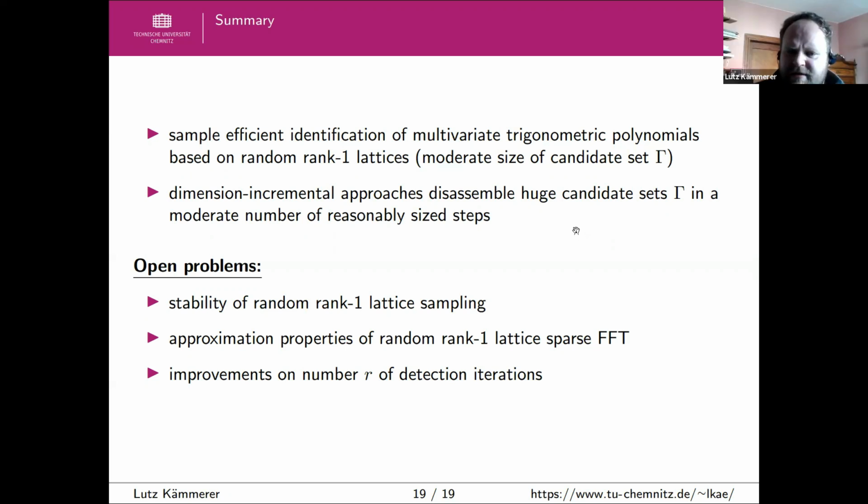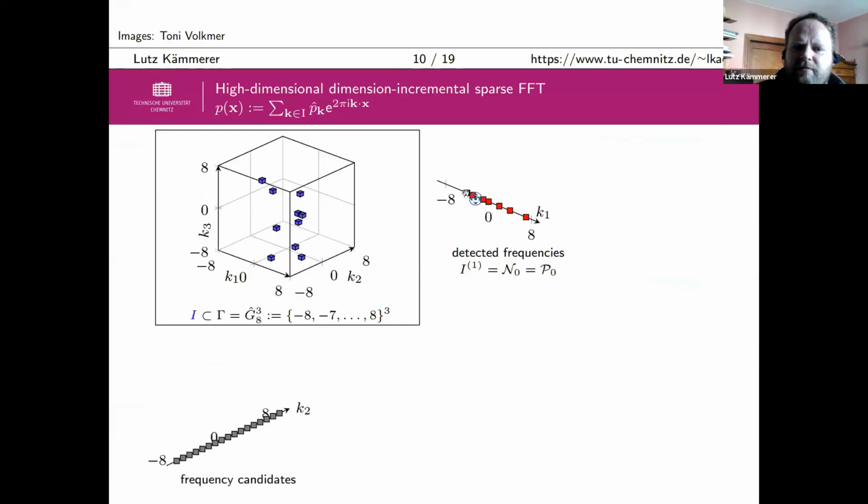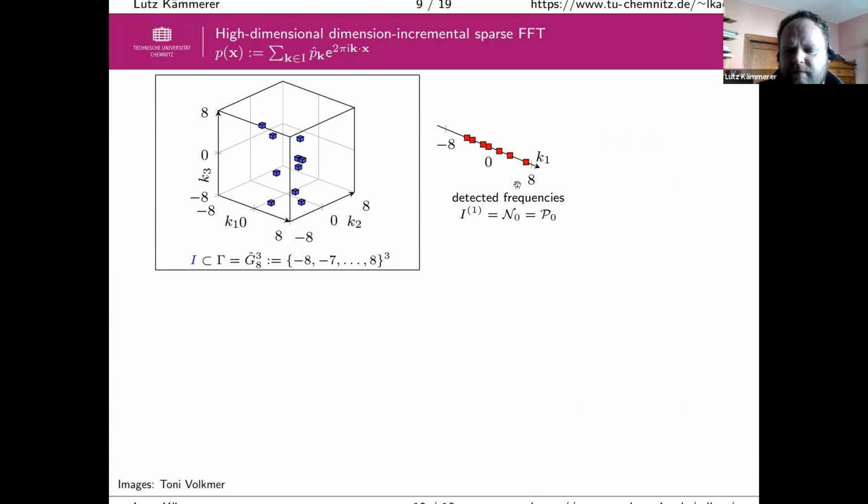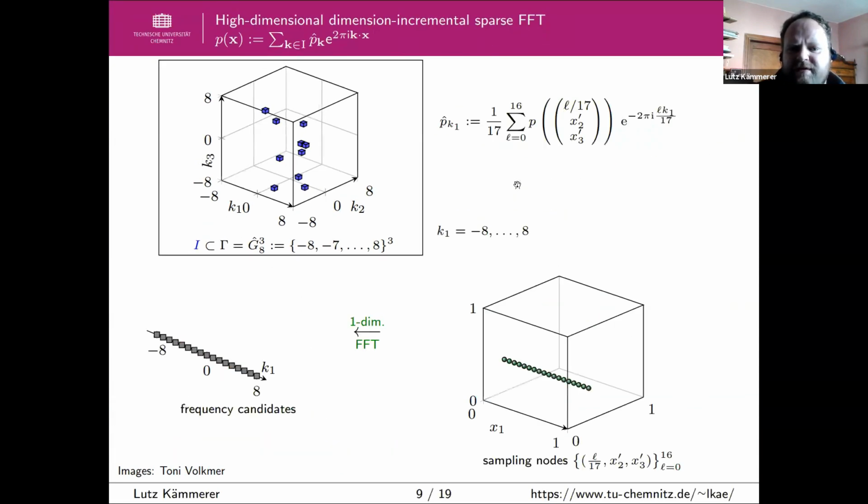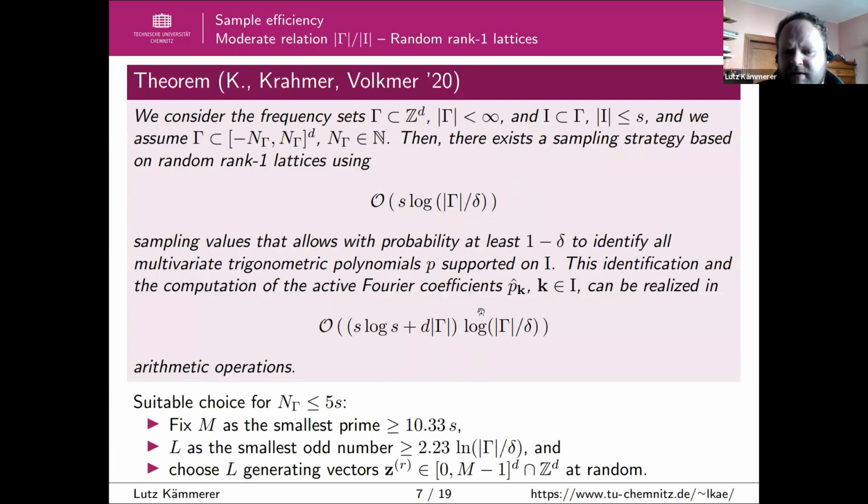It's really so that you choose your things. But this first approach for the moderate, and that's the problem, right? If you have this moderate relation, such that you can take a look at each of the candidates, then this is not really adaptive, because you just fix your M, you fix your L, and you choose your vectors at random, and then they provide such a nice sampling strategy.